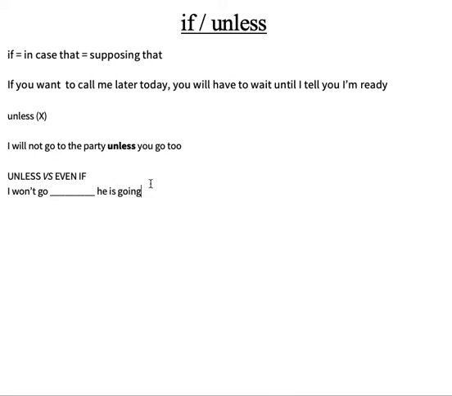So now, depending on the word, on the marker that you introduce here, the sentence meaning is completely different. Because if you say, I won't go unless he is going, it means that if he goes, I will go too. But if you say, I won't go, even if he is going, it means that there is no possibility of me going. Even if you go, I will not go. Nothing is going to change this.